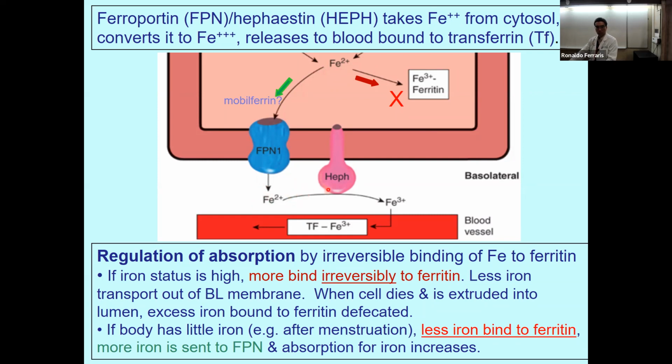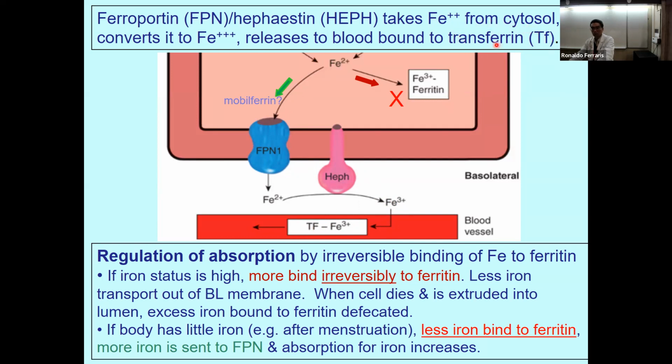So we have another protein called HEPH, or hephaestin. That's the name, and you will find this in books or Wikipedia. So more iron in this pathway is sent through here, and then the trivalent iron is bound to a protein in the blood called TF, or transferrin.